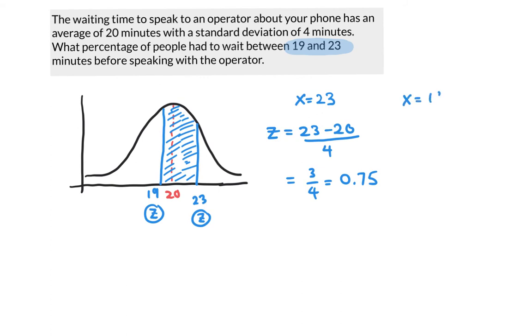When x is 19, we know that z equals data point 19 minus 20 over 4, which equals negative 1/4 or negative 0.25. So now we're going to get our z tables out and find out a percentage for each of these two values, but we need separate tables for each value.